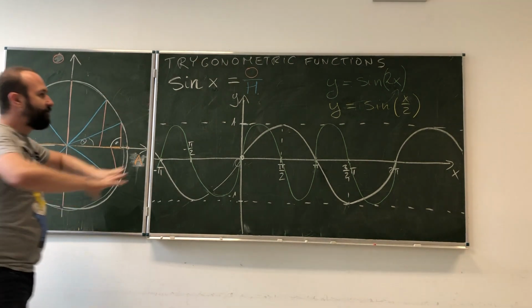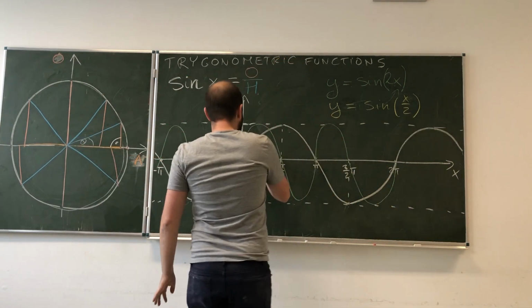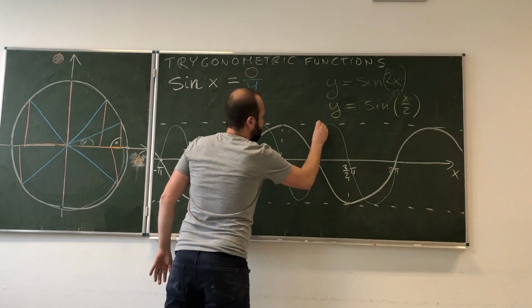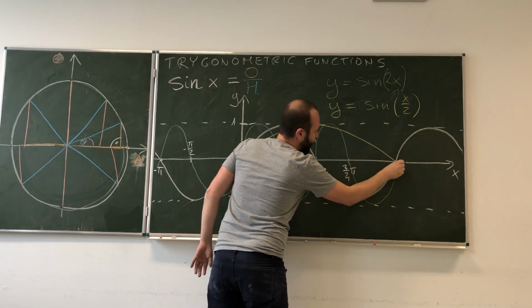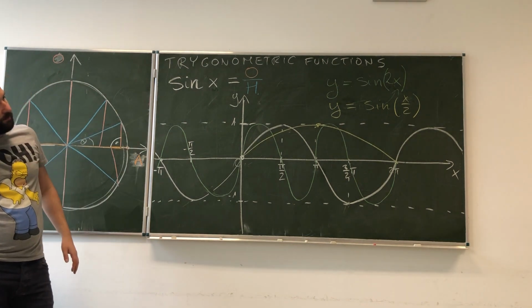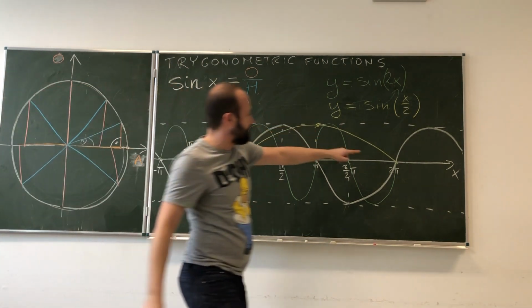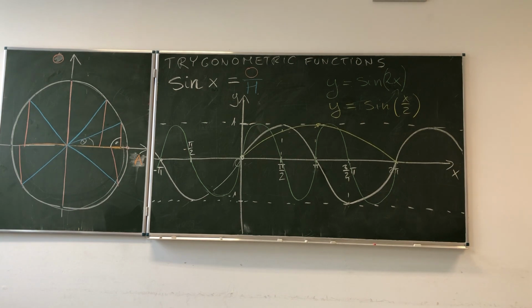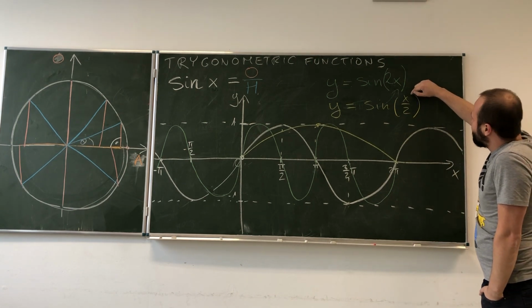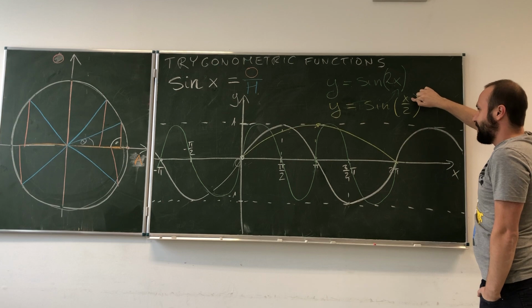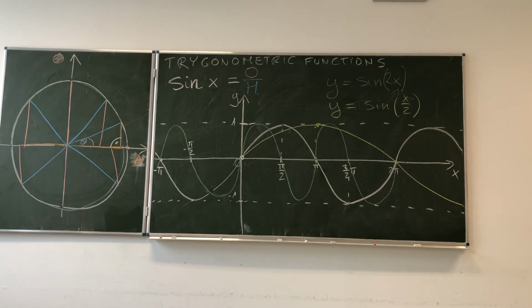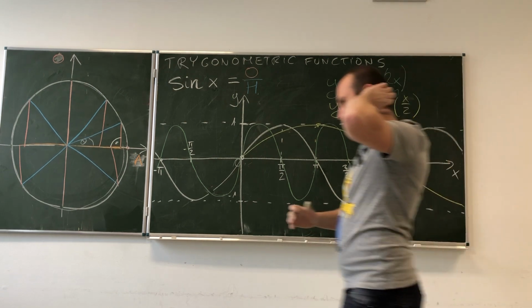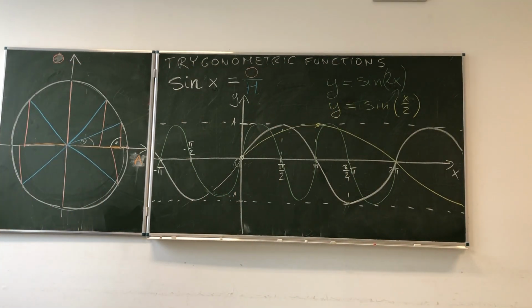So now the function is spreading, and we would see that now within 2 pi's, I would be able to make just half a circle. So look, and if I'm going to put 2 pi over here, I'm going to put pi. So now the function has spread out. Okay, so I think this is enough about sine.